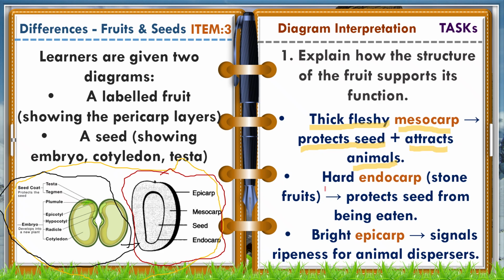It has got a hard endocarp, which we call the stone in stone fruits. This protects the seed from being eaten. And it has a bright epicarp. This signals ripeness for animal dispersal.